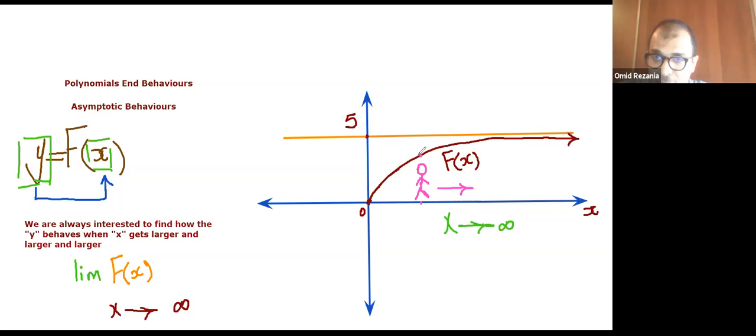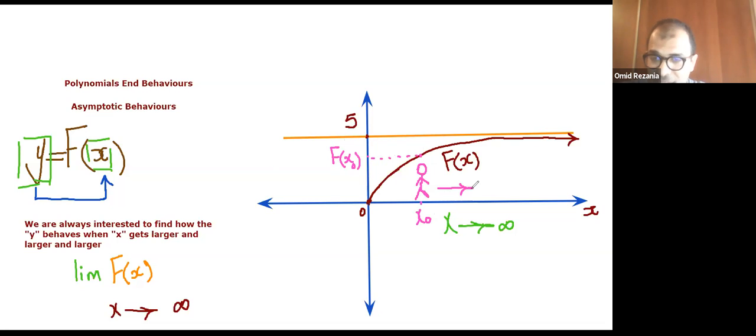If I read the corresponding value of the function, it can be anything. Let's say the place where I'm standing is x naught, and this represents the value of f of x naught.